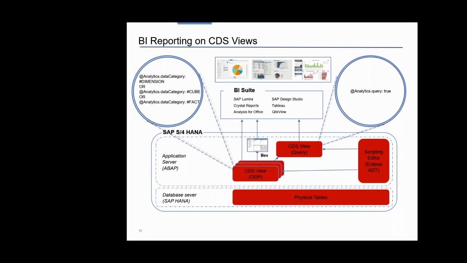So, when we are talking about a CDS view, it is something which is present on the application layer, and it would talk to the HANA database. The objects would still be residing on the application layer as data dictionary objects, which means that you can see these objects in SE11 and SE16, so that they can be consumed by other programs.